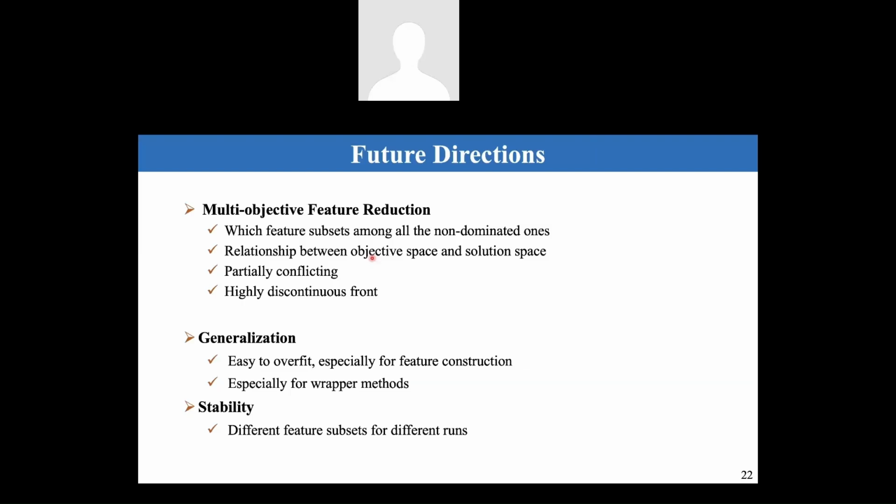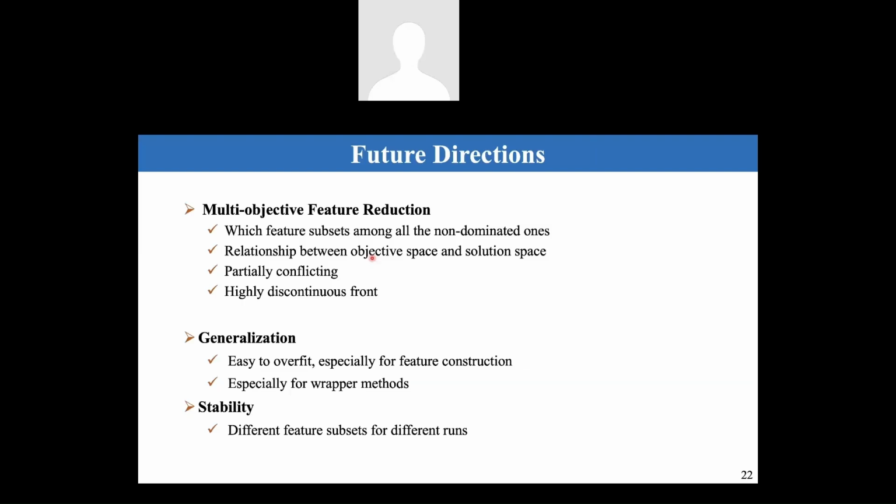And the same thing here: for feature selection, the front is highly discontinuous, and even within a discontinuous front, the solutions are sometimes not evenly distributed in the objective space. For some datasets we have solutions focusing more on the region with low accuracy.